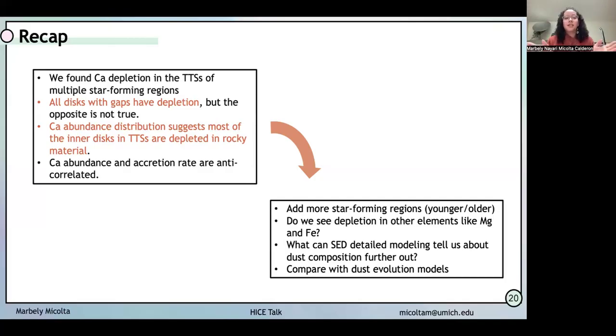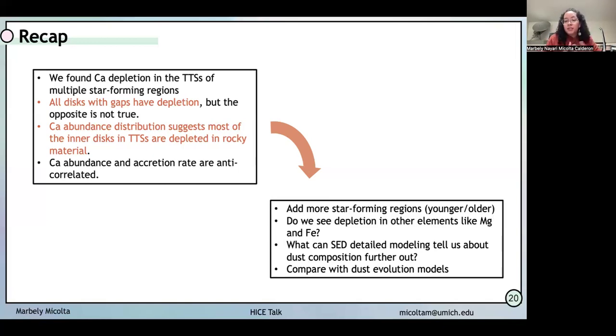Again, I cannot say there is a planet, but I can say the conditions are there for planetesimal formation at least. And we find an anti-correlation between the calcium abundance and accretion rate that we don't really understand yet. But this just leads to more things, like can we add more regions to see the younger side, where you have this enrichment by radial drift, and the older populations, to see if we can see this evolution trend that we kind of see with Orion 1b, but we cannot robustly say.